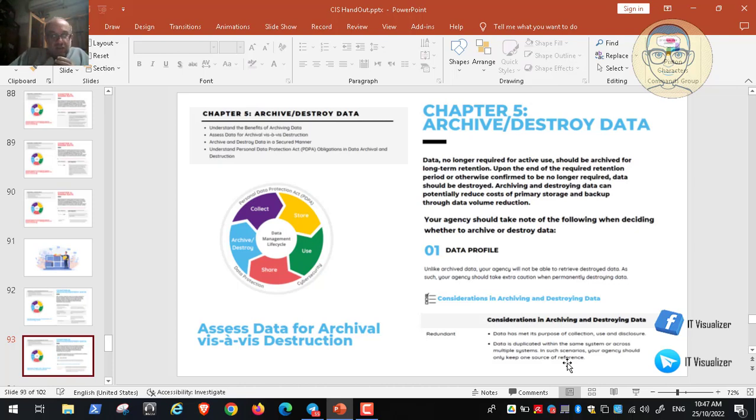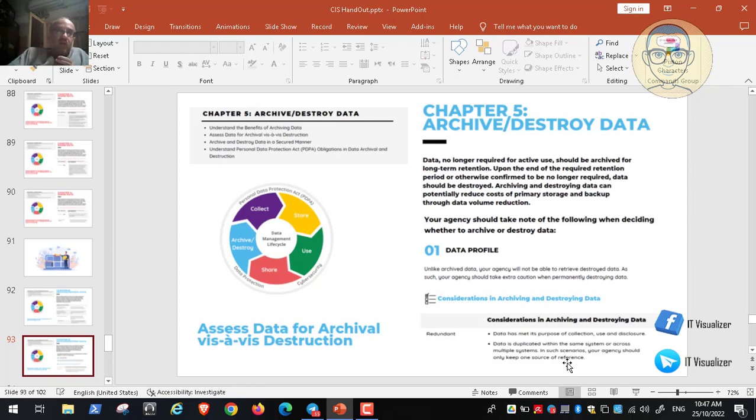If you have your data stored in 6-7 locations and it is no longer needed, then you should destroy most of them and leave one as a backup. So if the data is stored in 6 locations and is no longer needed, you can destroy 5 of them and leave only the data in one location.